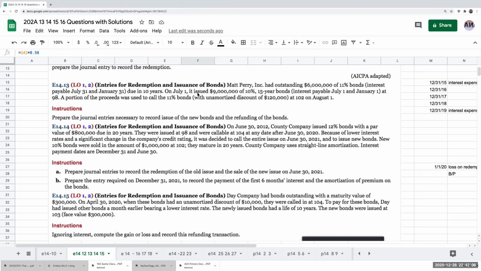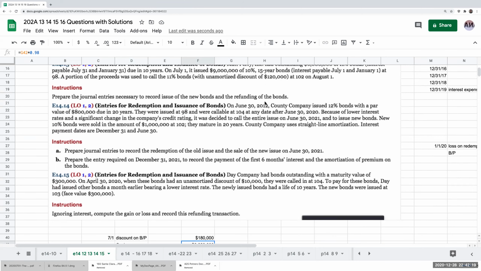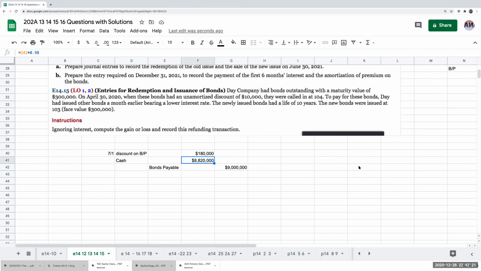So now we need to go through and redeem the other bonds. We had outstanding 6 million of 11% bonds, and there was an unamortized discount of 120,000. So when we have a discount on bonds payable and we redeem a bond, we need to get rid of the carrying value of that bond.